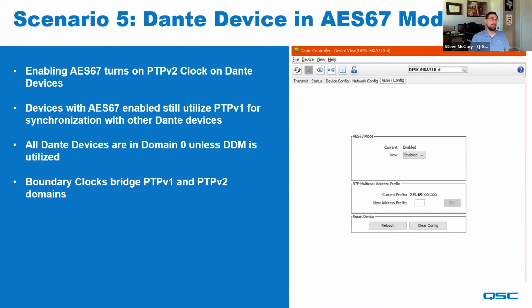Devices, when you enable AES67, still use V1 for their synchronization and their ability to communicate with other Dante devices, but it now makes it a boundary clock because it can now live in the V1 and the V2 space.